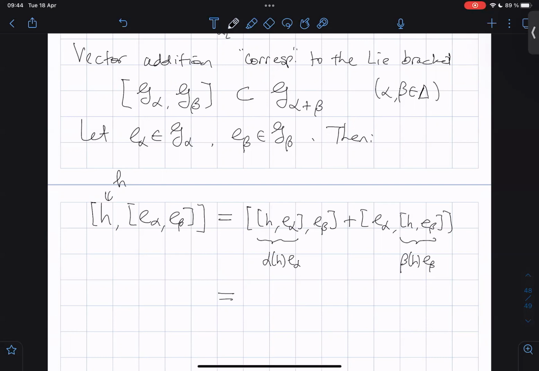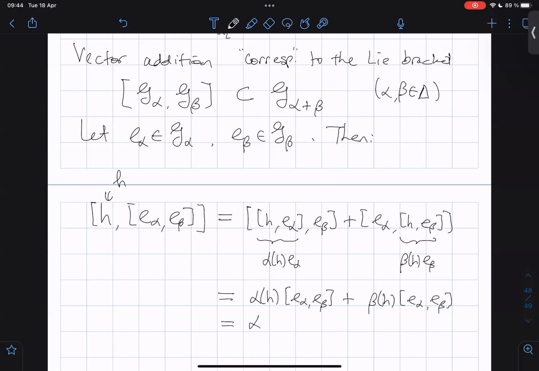This is a number, so I could just take it out of the bracket. What we're left with is alpha of H, E alpha, E beta, plus beta of H, E alpha, E beta.